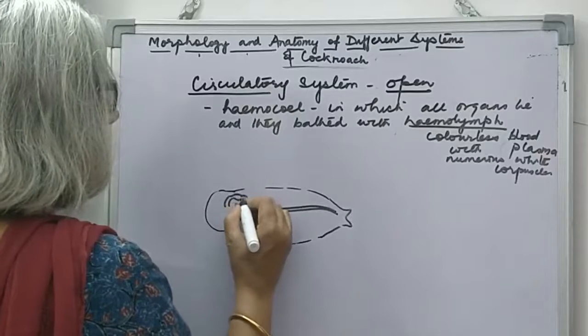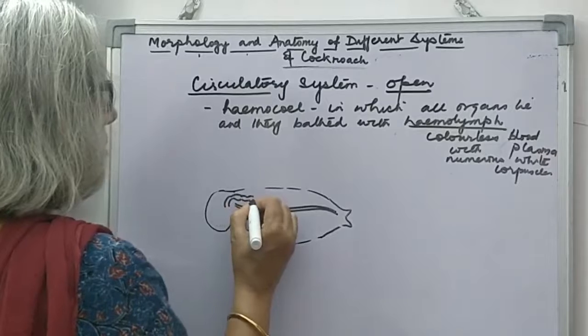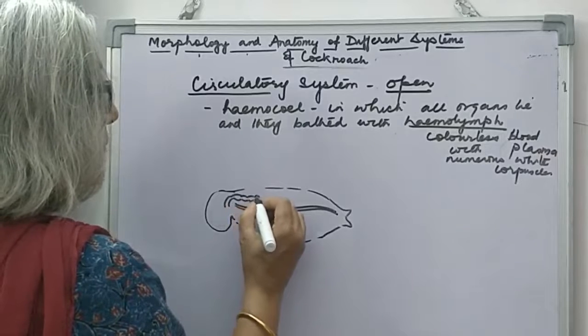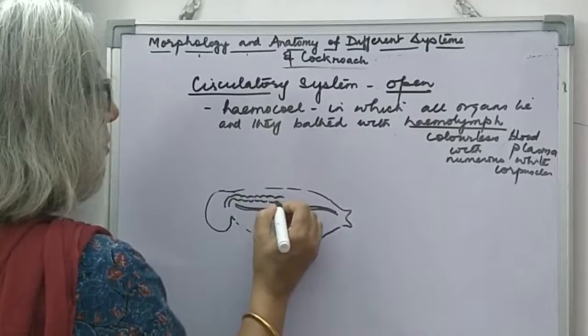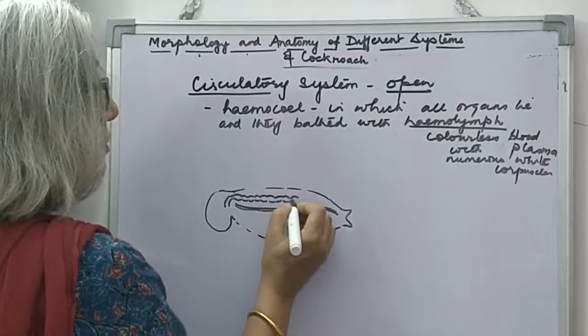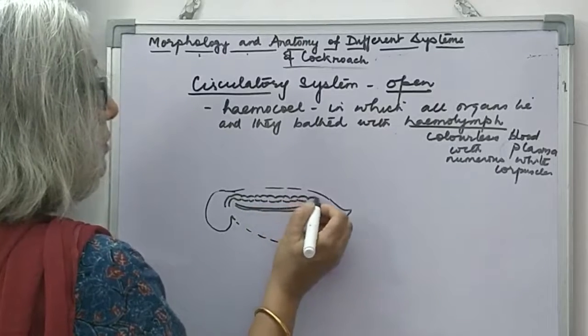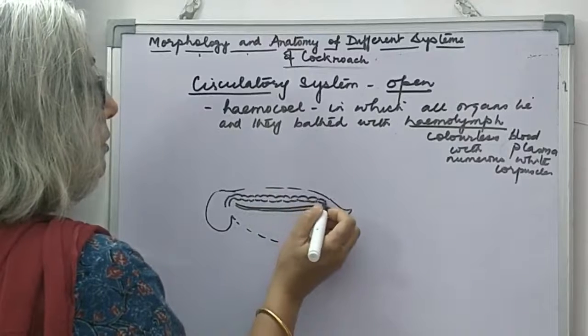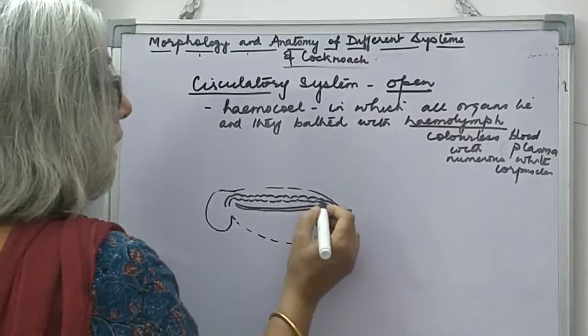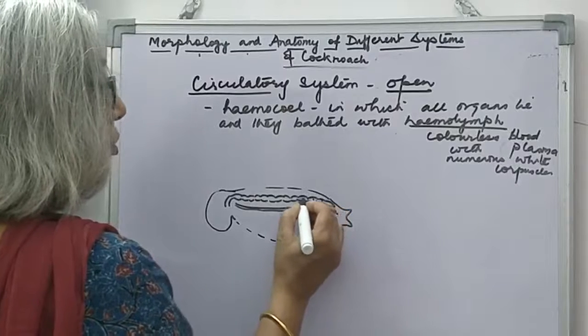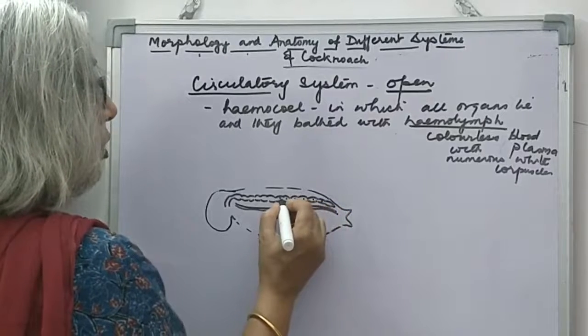Heart is made up of 13 chambers, 3 in the thoracic region, chambers of the heart. Last but one has a pair of openings called ostia.